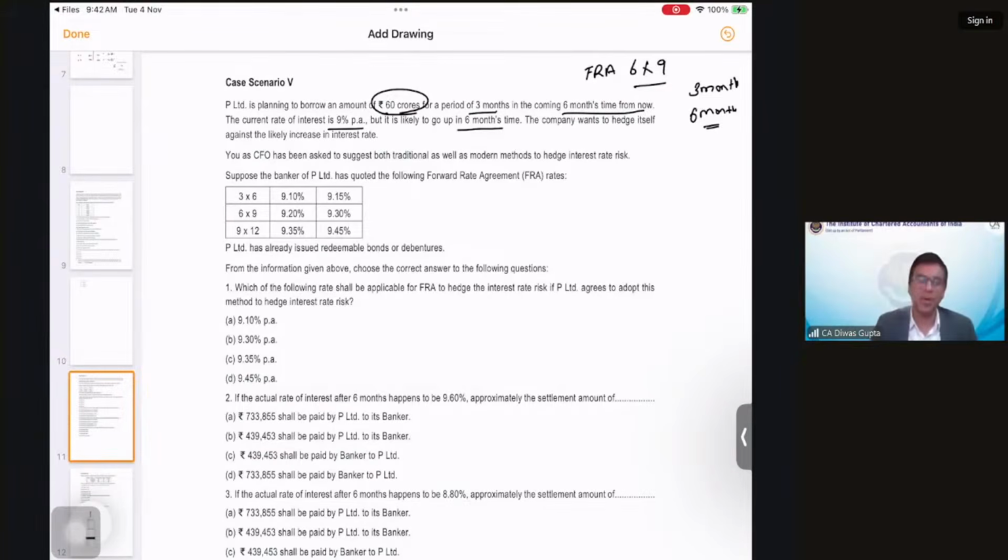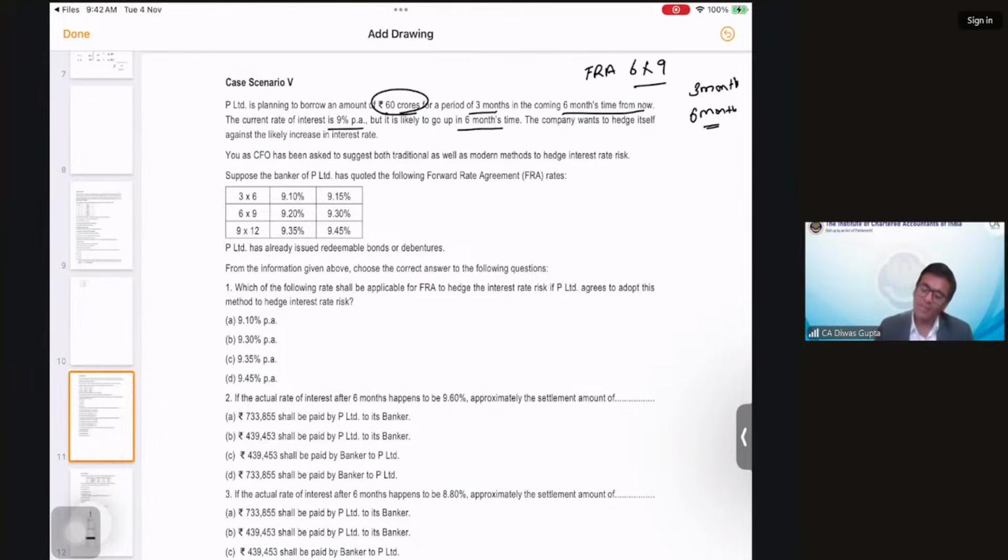So, students, we discussed both the traditional and modern methods, right? Traditional methods were ALM and forward rate agreement. Modern methods were interest rate futures, interest rate options, which is interest rate guarantees as well, and the interest rate swaps.